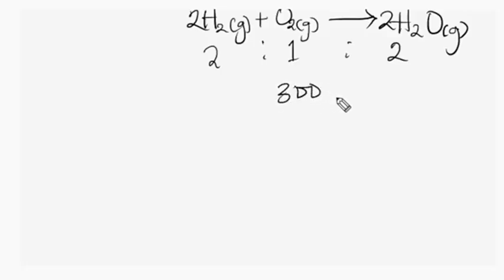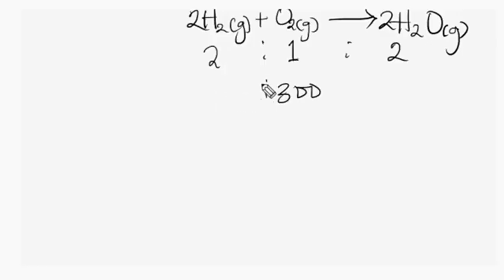Remember, we always want to start with the smaller volume so that we will know the volume of the larger one that will be left. So guys, if 300 cm cube of oxygen is used in this reaction, what will be the volume of hydrogen that will be used up in this reaction? So guys, it will be 300 times 2, since this is in the ratio of 2:1 here.